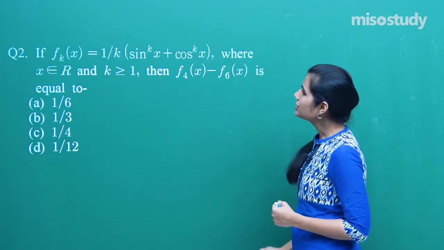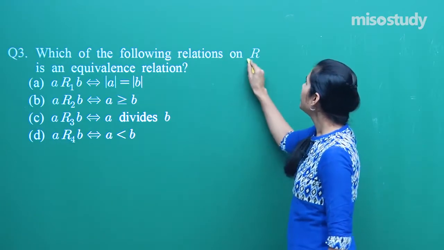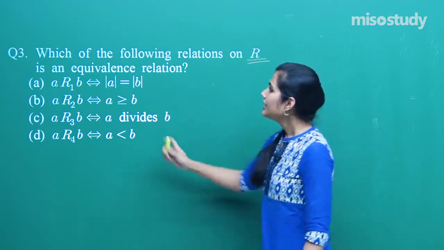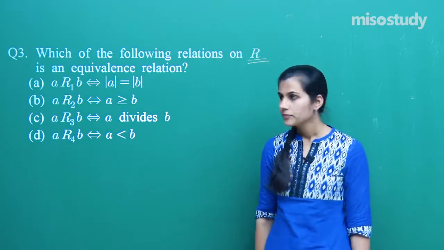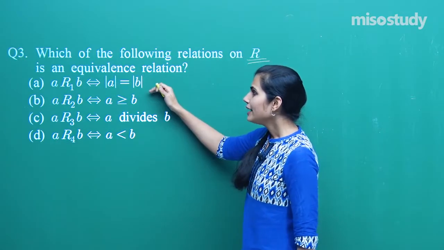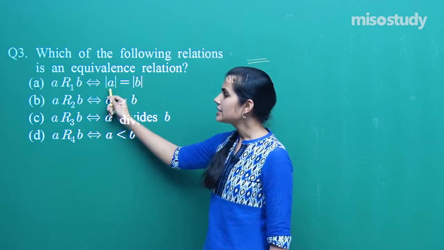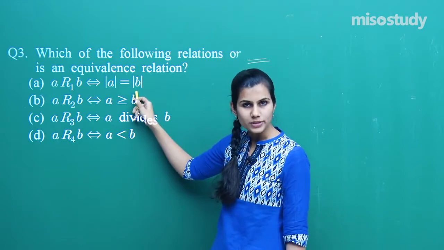The next question says, which of the following relations on R, here R is standing for the real line, is an equivalence relation? In R1, A is related to B if and only if distance of A from 0 is equal to distance of B from 0.